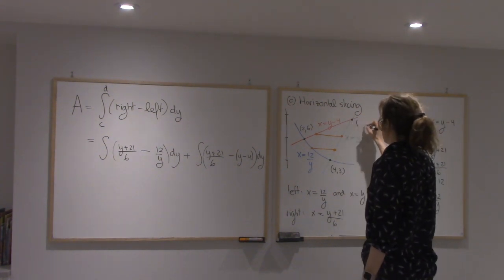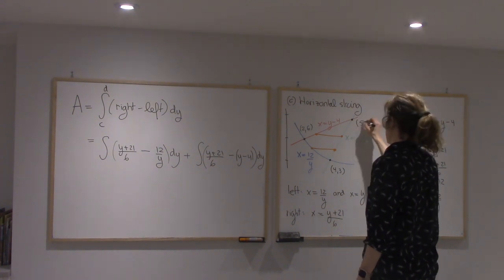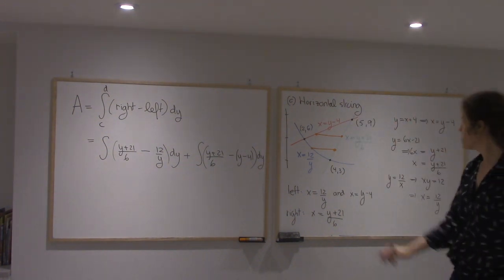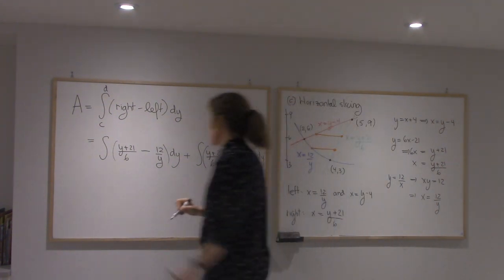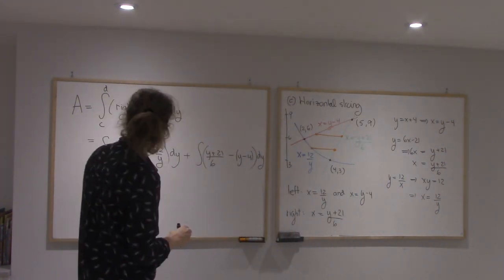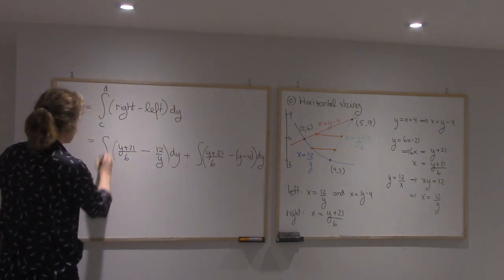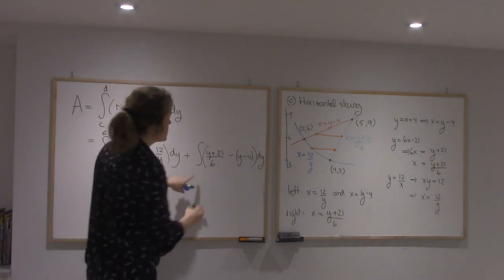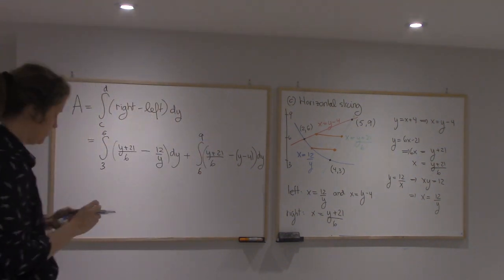And the y value here was 9. That means 5. All right, so those were my 3 points. So I get 3, 6, and 9. This was green minus blue, so this is from 3 to 6. And then from 6 to 9, I get green minus red.